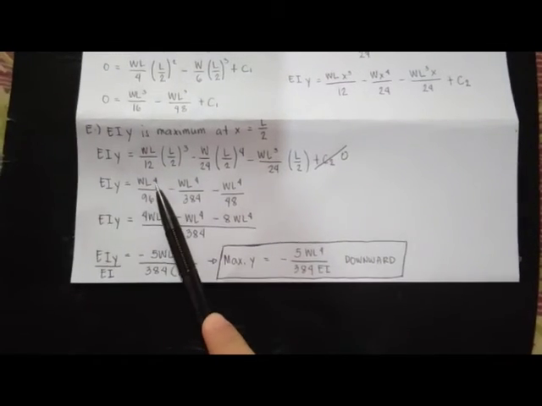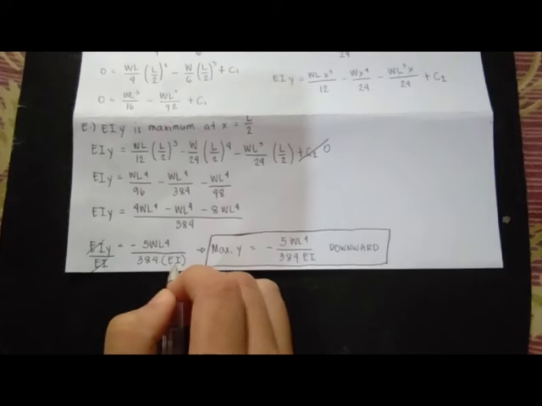Hahanapin natin yung GCD, which is yung 384. Next, 384 divided by 96 is 4 times WL raised to 4 minus 384 divided by 384 is 1 times WL raised to 4 minus 384 divided by 48 is 8 times WL raised to 4. So, magiging EIY is equals to negative 5 WL raised to 4 over 384.